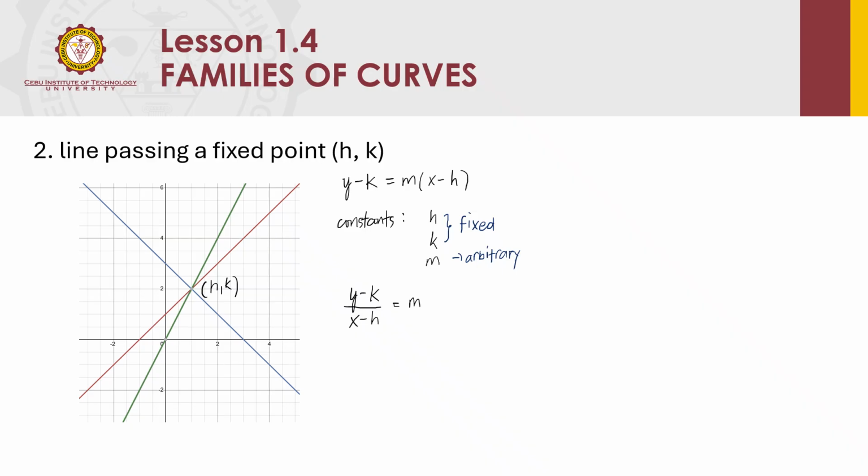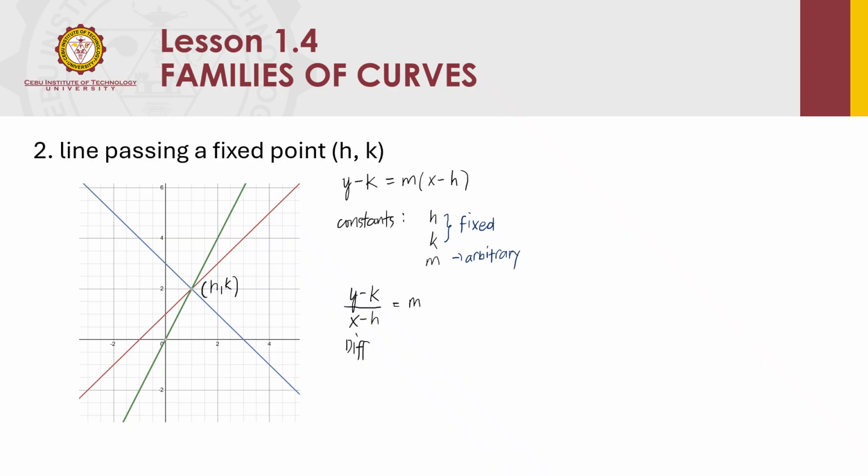We're isolating the arbitrary constant so that it would be easier for us to eliminate it. So once we differentiate the right side, it is now eliminated. And then using the quotient rule, we differentiate the left side.